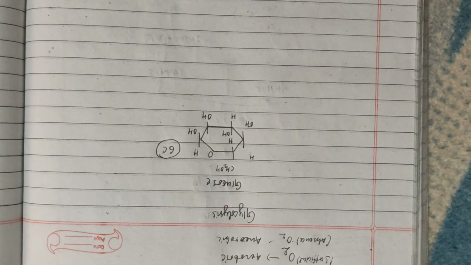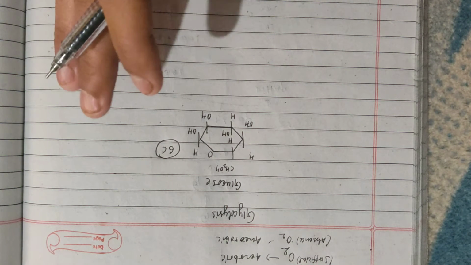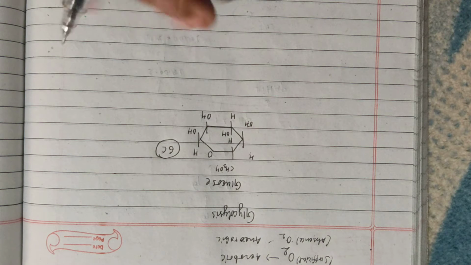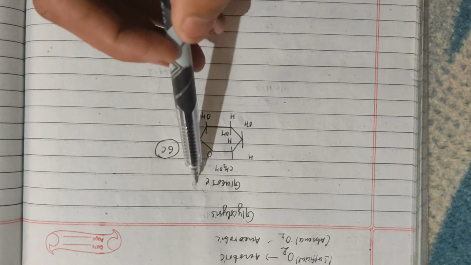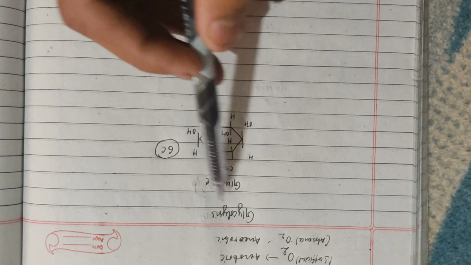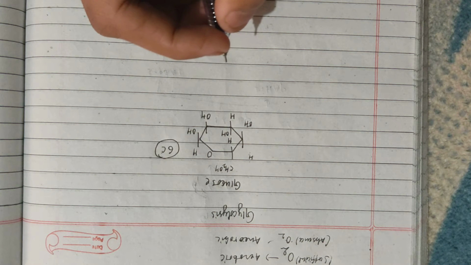So there are various steps. In the first step there is production of pyruvic acid, 2 moles of pyruvic acid. In glycolysis the plant can utilize either glucose or fructose, both are 6 carbon compounds.